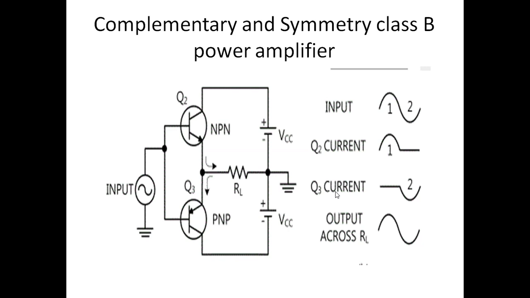Therefore, the inputs applied to the transistors Q1 and Q2 are in phase reversion. For positive half cycles, one transistor is on, and for the negative half cycle, the other transistor will be on. The remaining one is off.